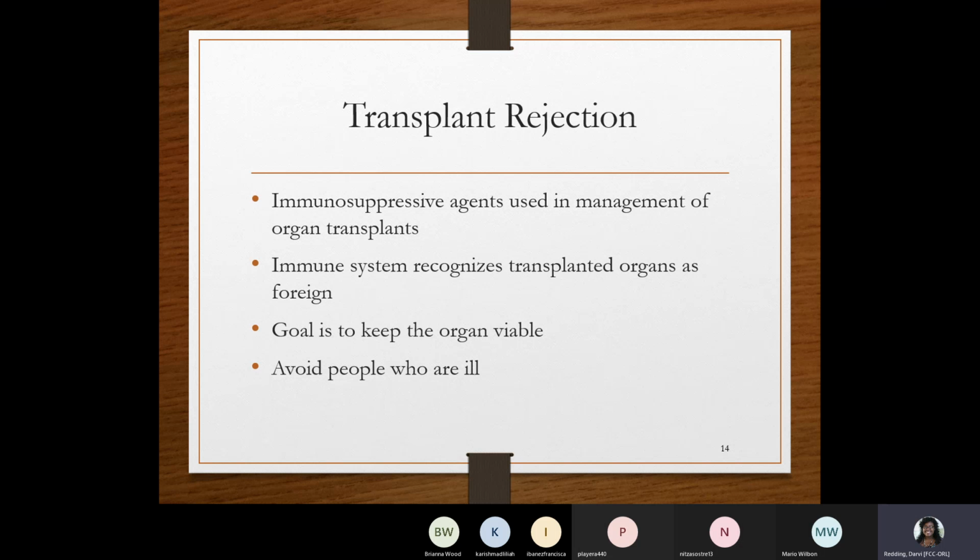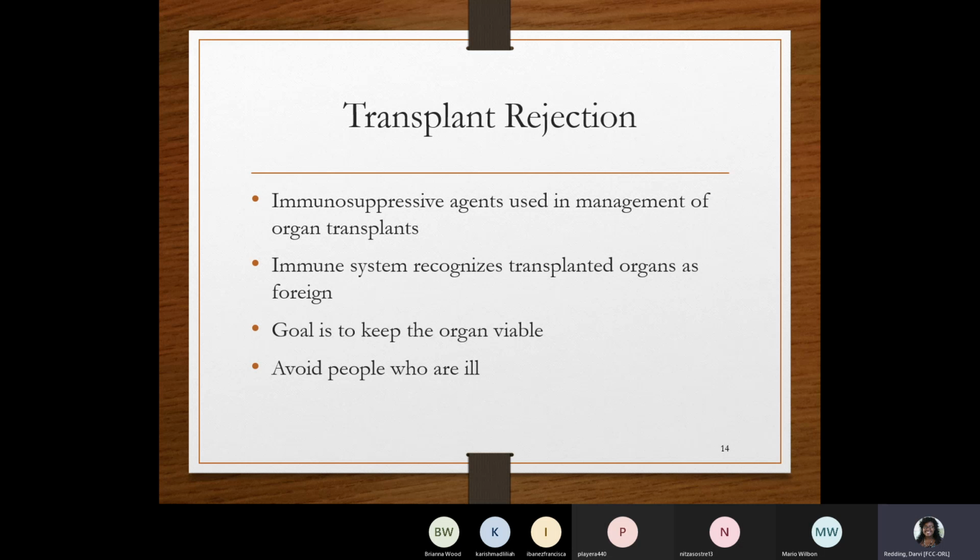And so when a person goes through a transplant, there are medications that the patient would have to take for life so that the transplant does not reject. And so with transplant rejections, you have immunosuppressive agents that are used in the management of organ transplants. And the immune system actually recognizes the transplanted organs as foreign.